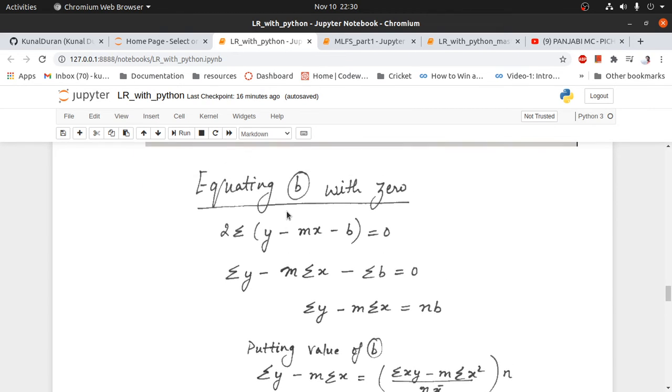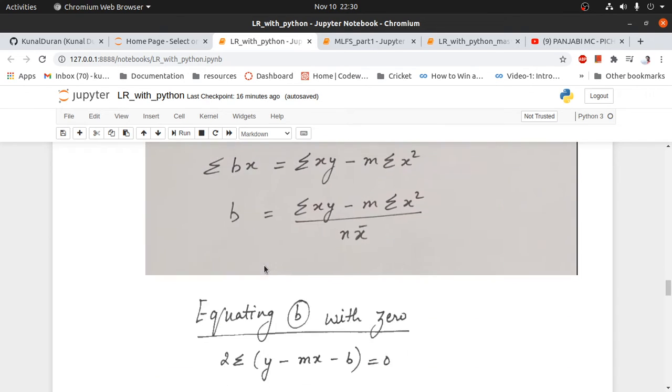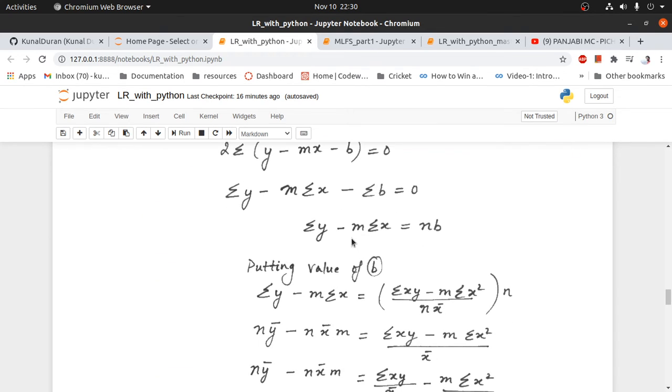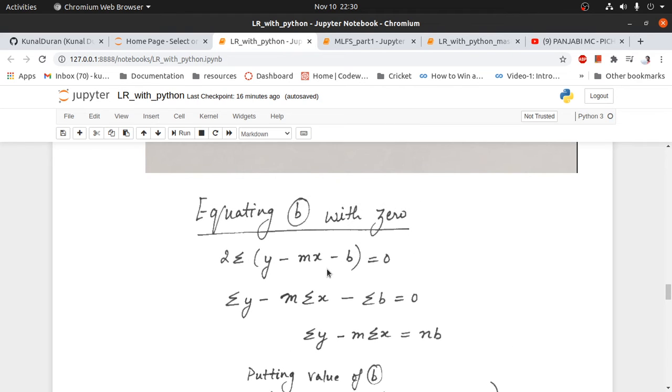Equation number b was this equation, and equating it with 0 gives us this. Rather than explaining all this, let me explain why I replaced sigma b with nb.